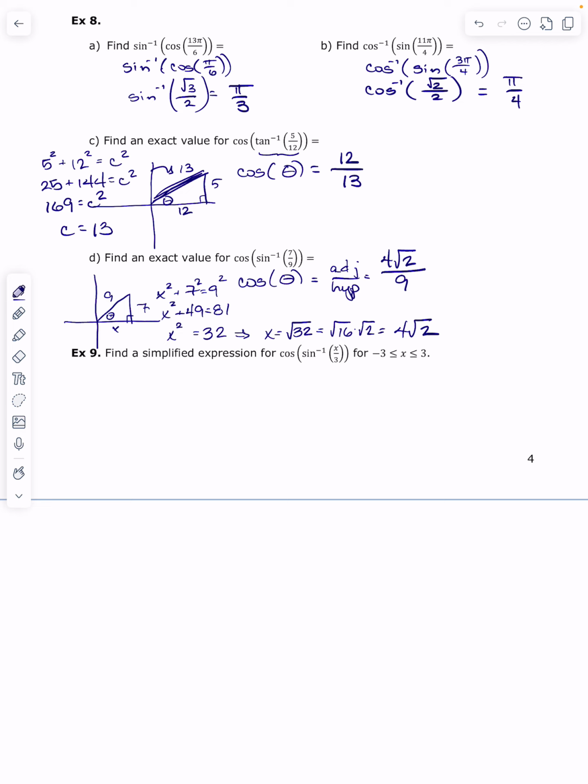Example 9 is going to be a little different because of this x over 3. Inverse sine. x is between -3 and 3, which makes the whole thing between -1 and 1.